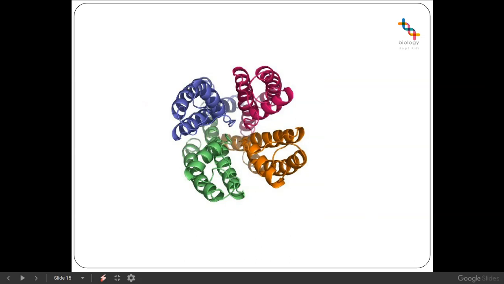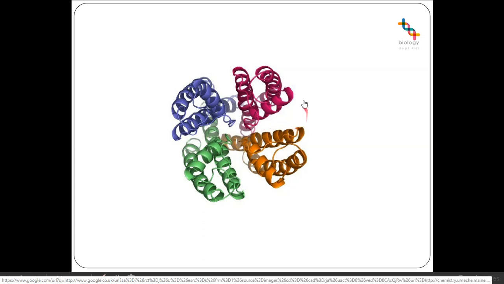Finally, we have our quaternary structure. That essentially is where we have a protein that is made up of more than one polypeptide subunit, and that's formed between bonding between their R groups. Now, just to highlight a potential misconception here, it's often the case that you'll see a quaternary structure with 4 polypeptide subunits.